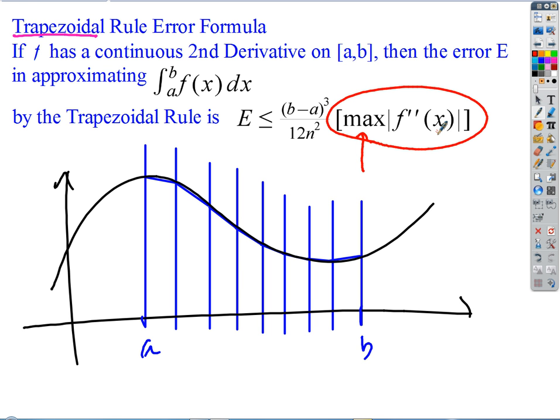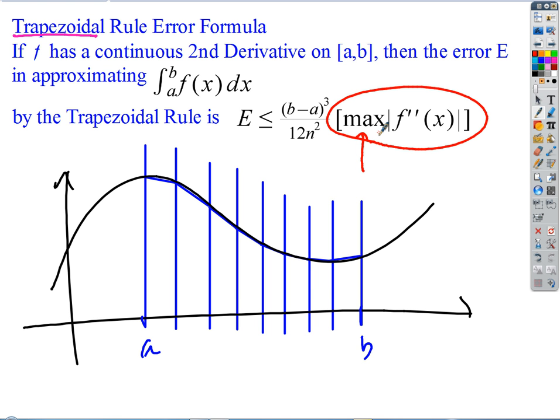If we were going to err on the side of how many trapezoids to use, would we rather have more than we need or less than we need? More, sure, right? If you have a few too many trapezoids, all that means is that you're going to get an answer that's even closer. So this isn't telling us the exact number, it's telling us the minimum number that guarantees we're going to meet whatever tolerance we define.